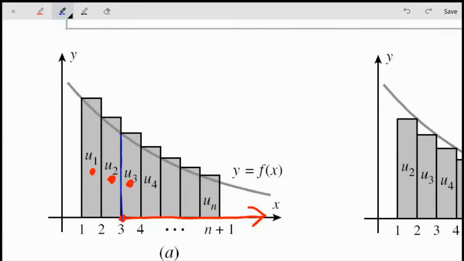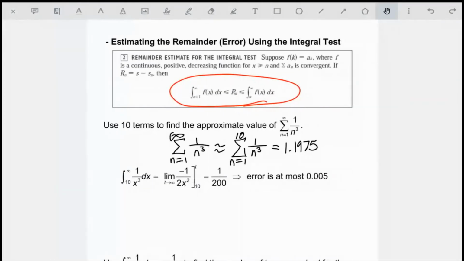If I found all this area in blue, that area is a little bit less than all of the remaining rectangles, right? So I added up the first 3 terms, and now what's underneath the curve f of x from 3 on, that area is a little bit smaller than the remaining rectangles. So that's what I'm going to do here, use that idea to actually show how much error I have.